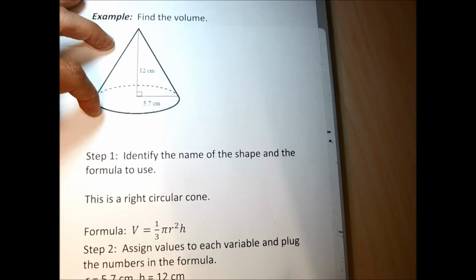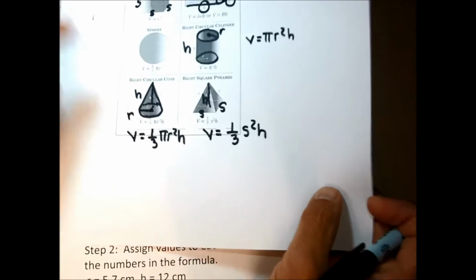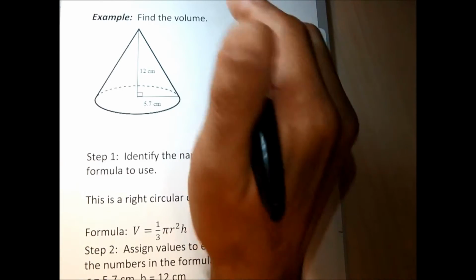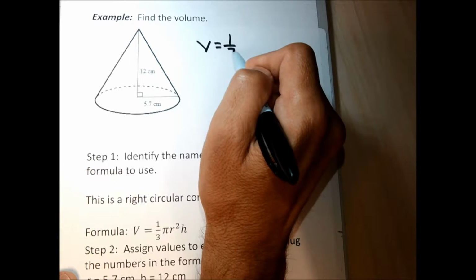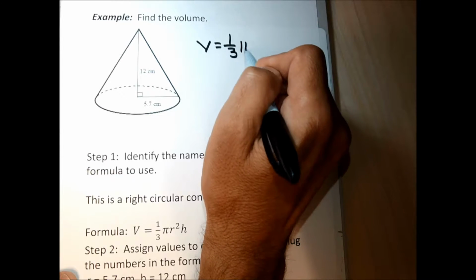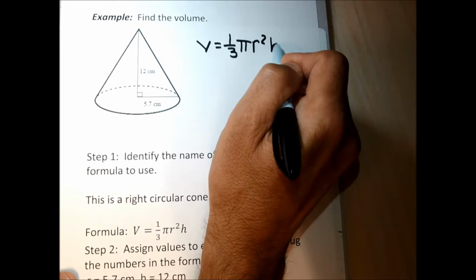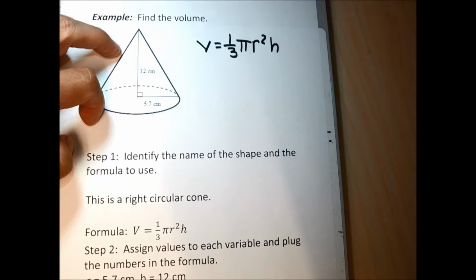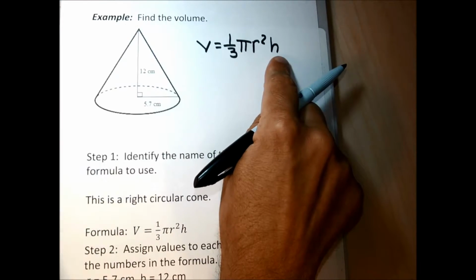Alright, so for another example, this is a cone called a right circular cone, and its volume is 1/3 pi r squared h. Usually when there's a pi in the answer, I'm going to leave the pi as part of my volume. So in order to find the volume, I needed to know what shape it was. I need to have the volume formula, and then I need to know what the individual letters represent.